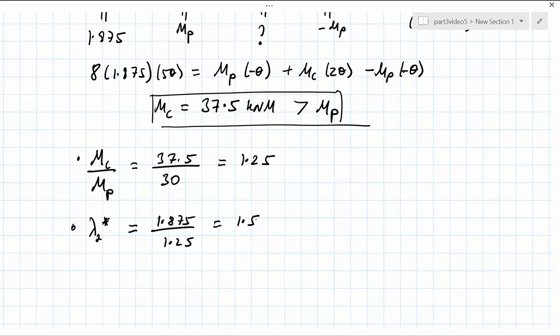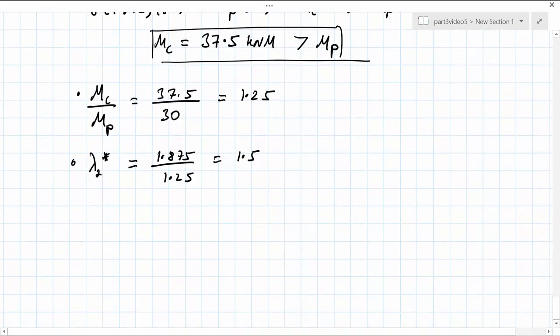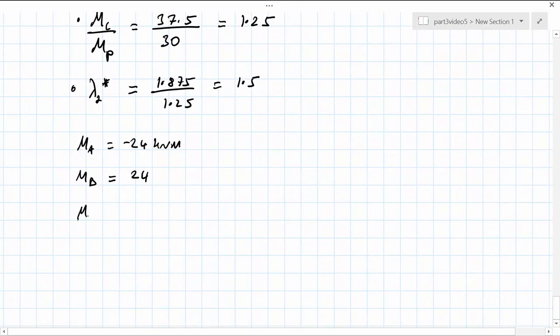If we now scale the bending moments accordingly, we find we get MA equal to minus 24 kilonewton meters, MB equal to 24, MC equal to 30, MD equal to minus 24, and ME equal to 24.